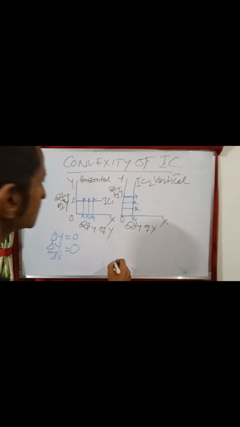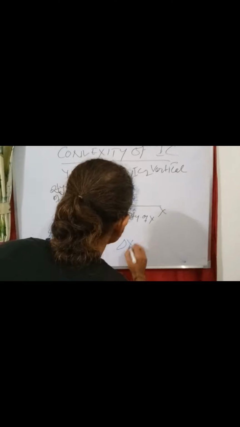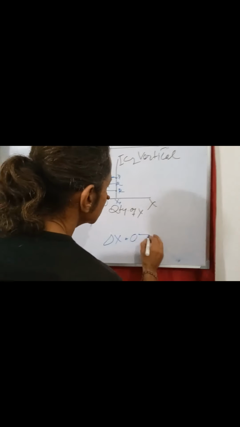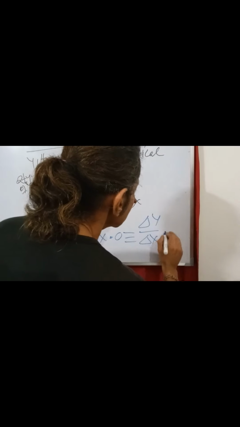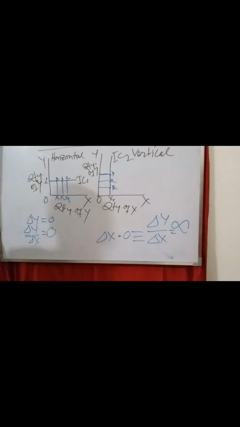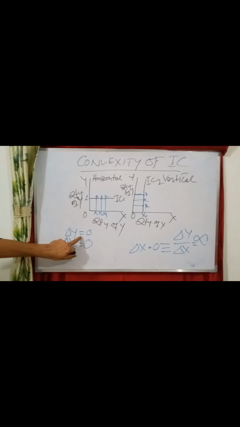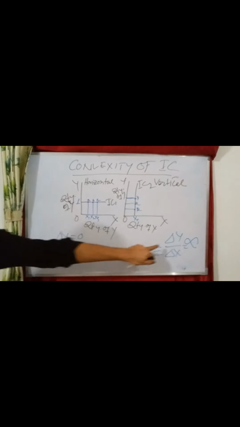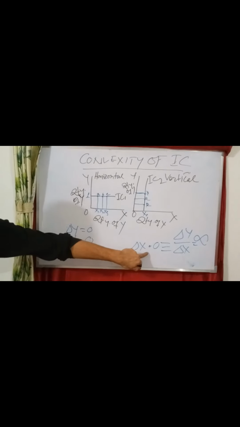And here you see, delta X is 0. Therefore, delta Y by delta X is infinity. Here delta Y by delta X is 0 because delta Y is 0. Here delta Y by delta X is infinity as delta X is 0.